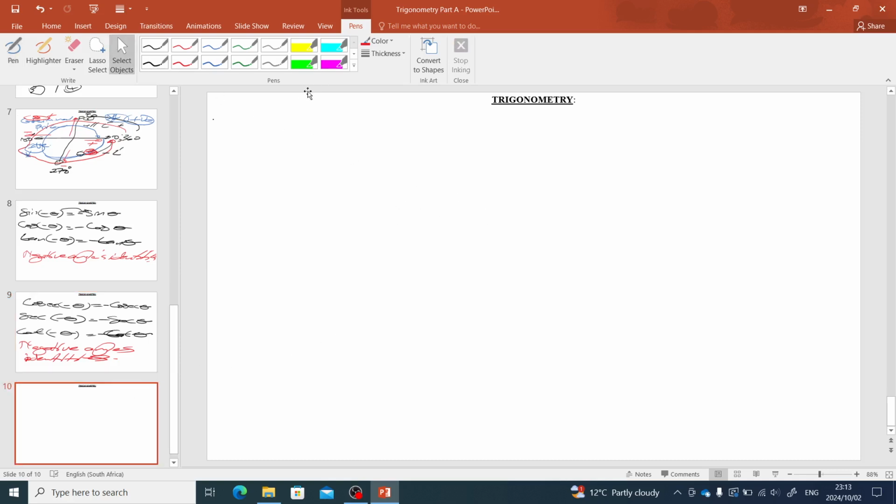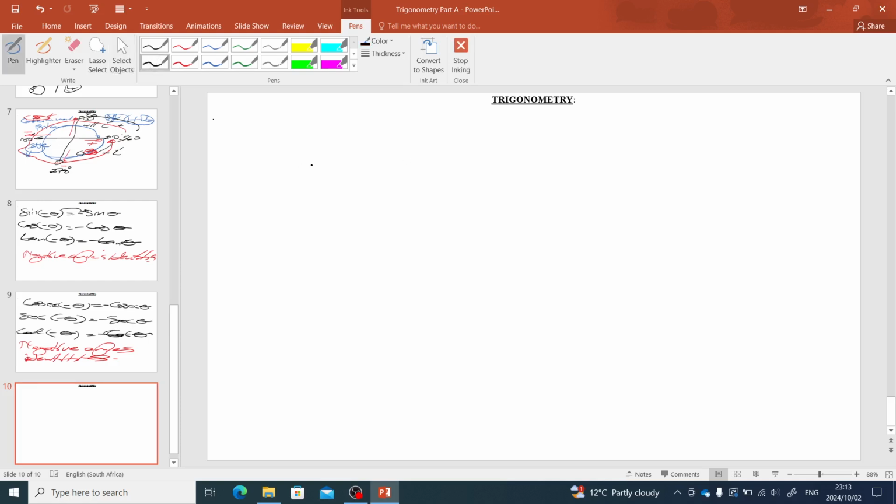Now, before we do any application, let us look at the reduction formulas. Let us look at the reduction formulas combined with the negative angle identities.